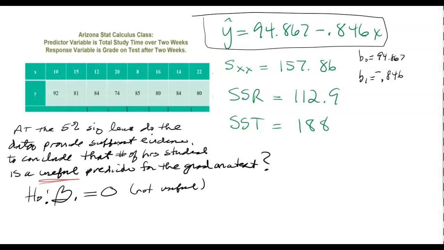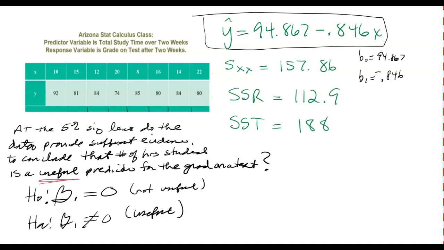X is not a useful predictor of Y. Our alternative, of course, is that it is useful. So that means B sub 1, and it doesn't matter if it's negative or positive, is not equal to 0. That means useful. There is no other null or alternative hypothesis you're going to use in this particular section when dealing with usefulness of your regression equation.